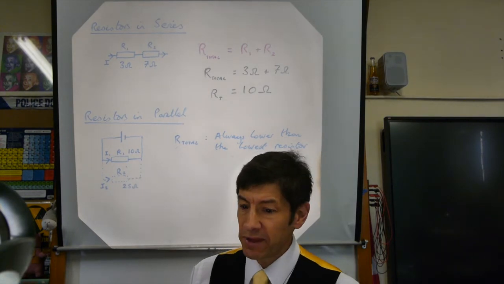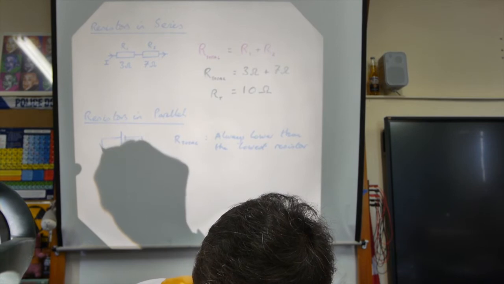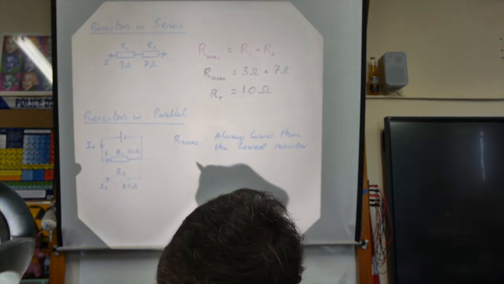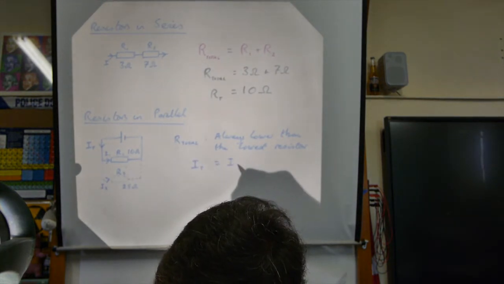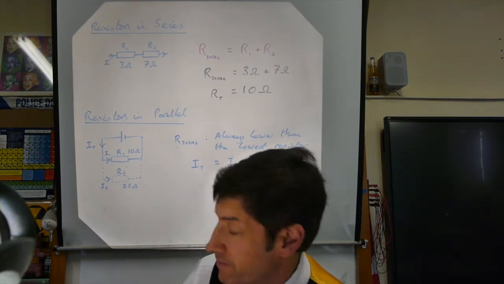Something else to note that I mentioned, that the total current, should we have it coming down here? This is getting a bit A-level-y now. The total current, I total, will be equal to the current through the first resistor plus the current through the second resistor.